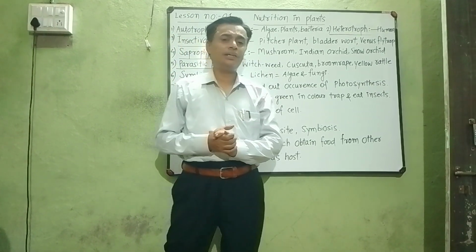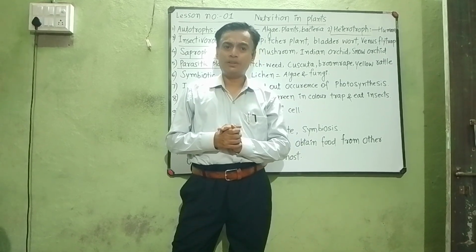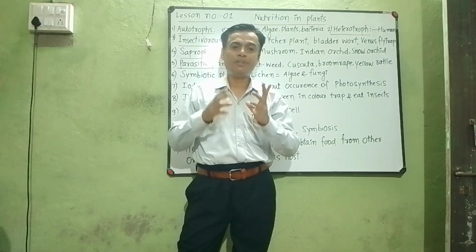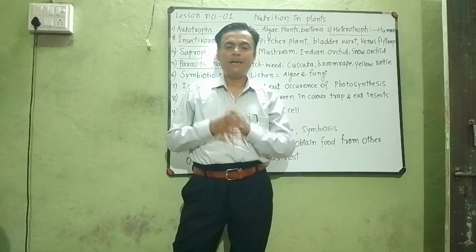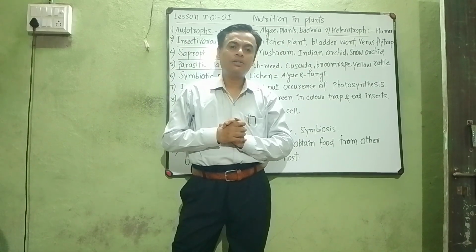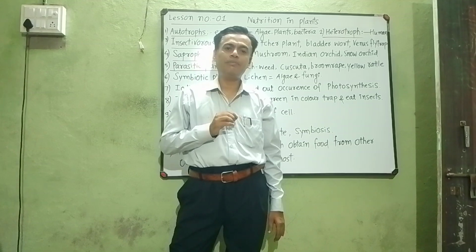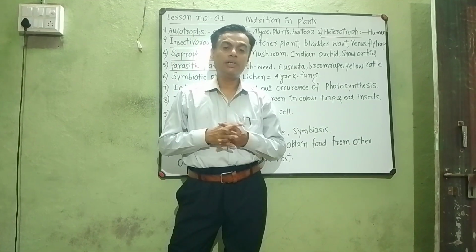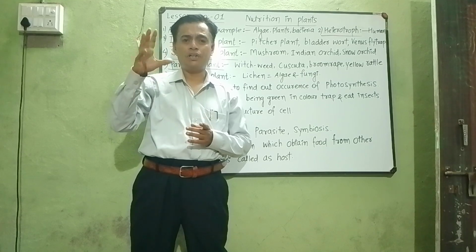Now another example of the symbiotic plant is Azolla and Anabaena azollae. I think you are all familiar with the paddy fields. Paddy fields are those fields where the leaves of the plant contain one small microorganism, and the name of that bacteria is Anabaena azollae. Anabaena azollae is living inside the leaf of the Azolla plant.